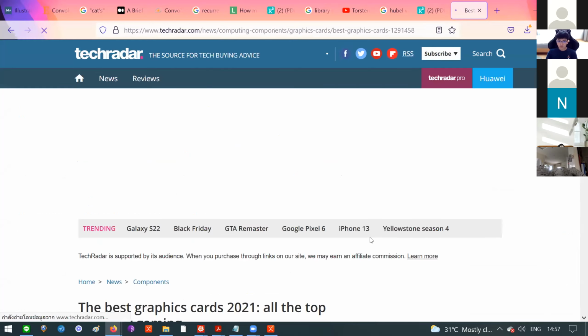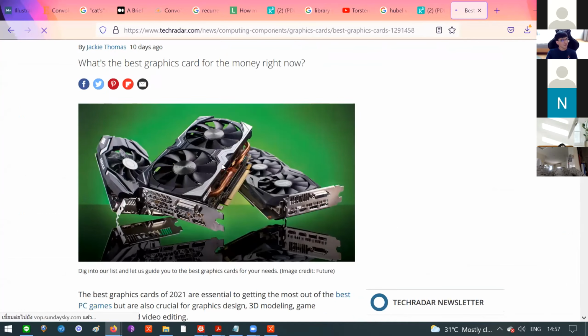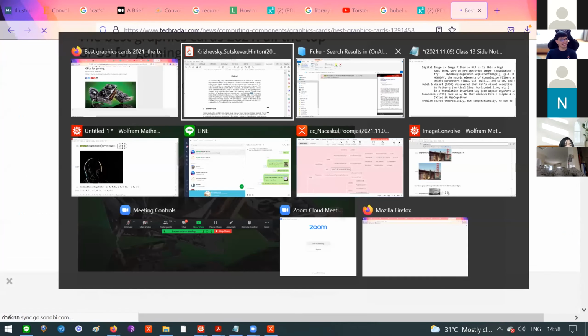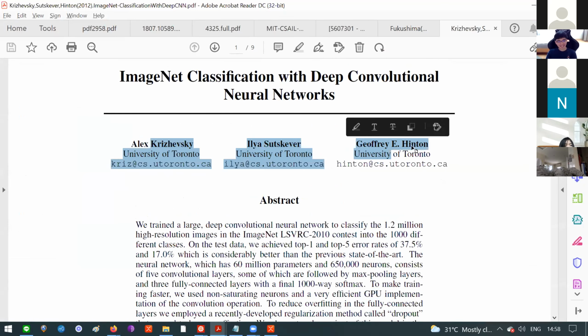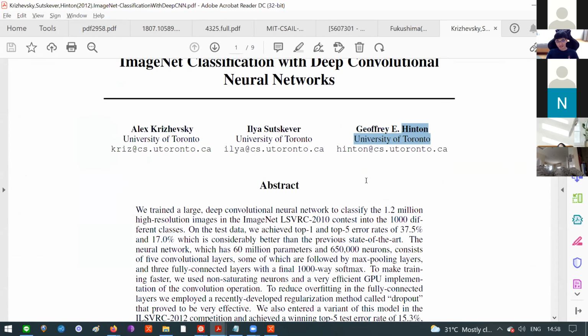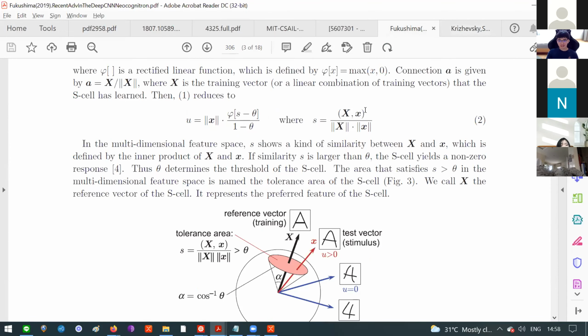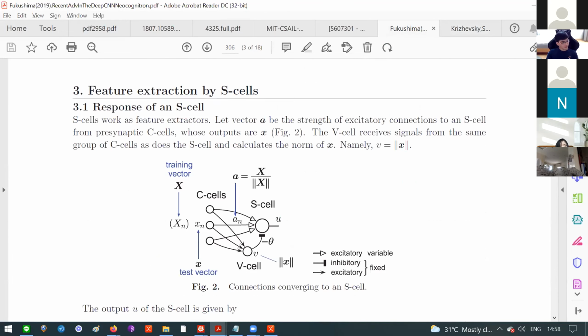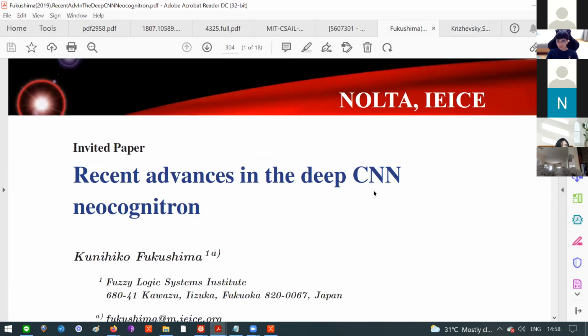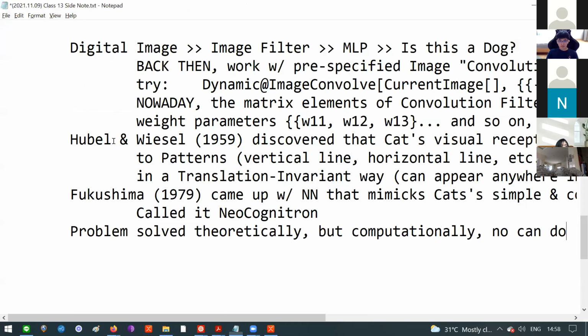Graphic cards. This guy used a game card. By the way, this is more like the teacher, this is more like the student, because this one has been a while. So he used the idea developed by Fukushima in the 80s that resembles the cat research.